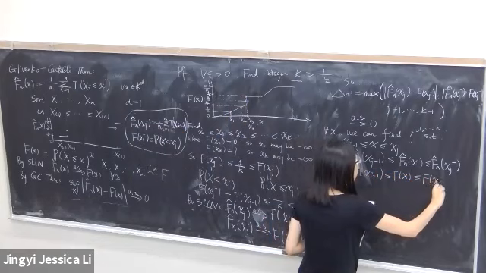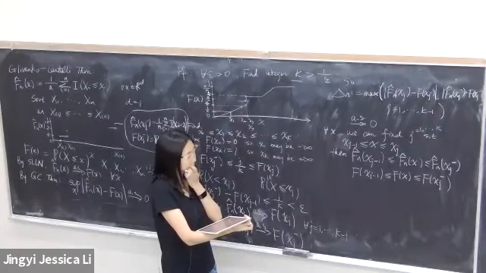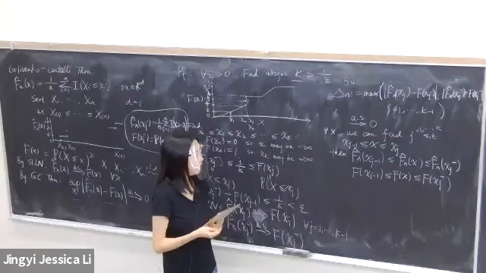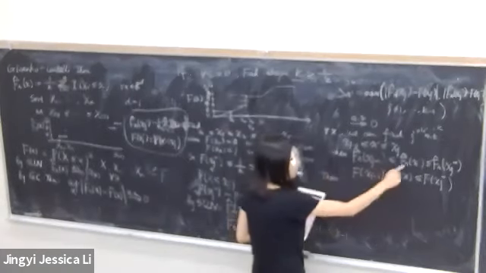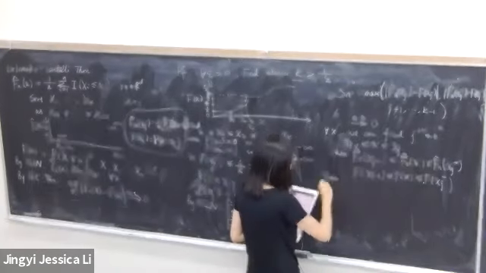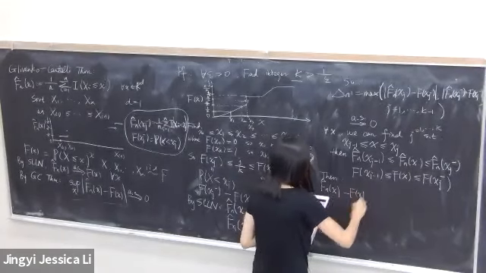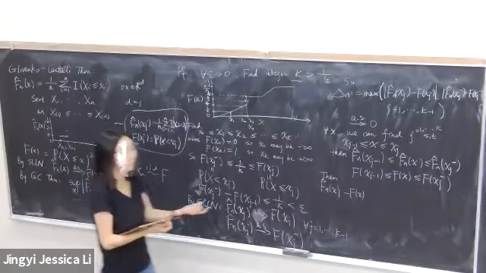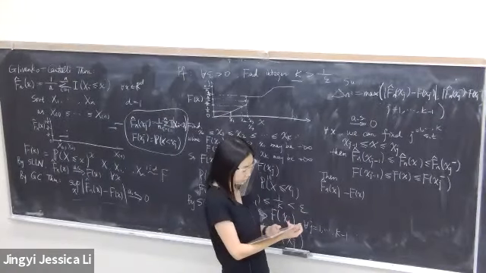Okay, so I have those. Then finally, I want to find the difference between F_n hat(x) and F(x). I want to find an upper bound and a lower bound for this difference.